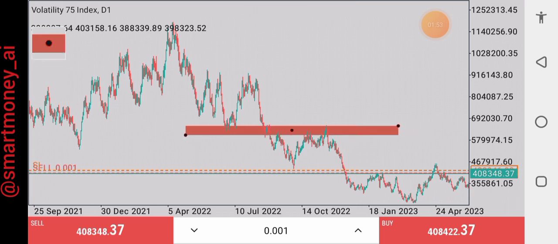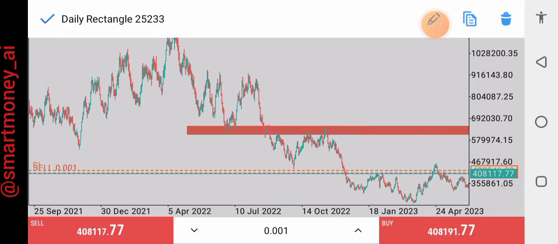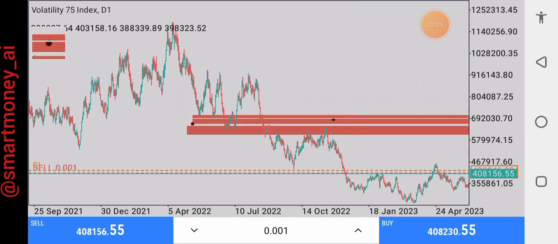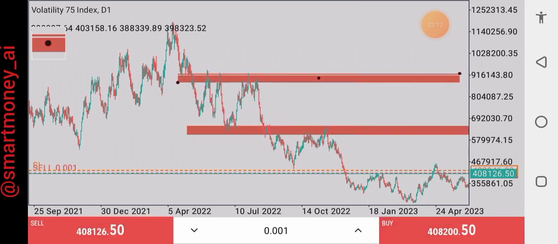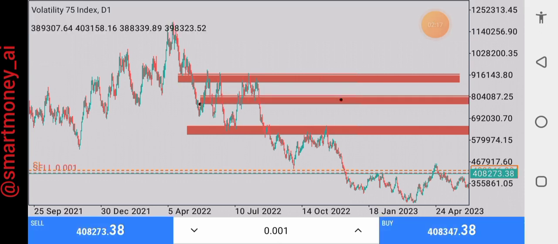I can see this rectangle here is serving as both a support and resistance, right? So let me mark this guy. All right, let me also mark this. I have another resistance here and also this one.